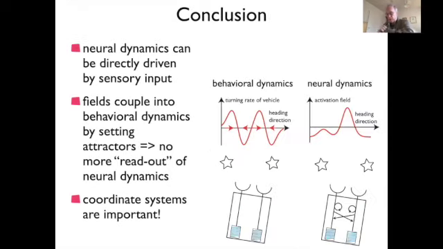Okay, with that I close today's lecture, showing you how neurodynamics can be very trivially driven by sensory input, essentially taking just the rate code that comes out of the sensors and turning it into the level of input. By taking different sensors into account, you can make the space code that makes the fields.